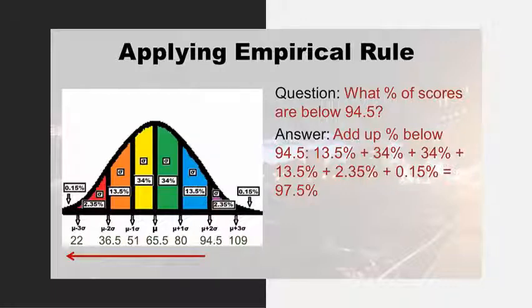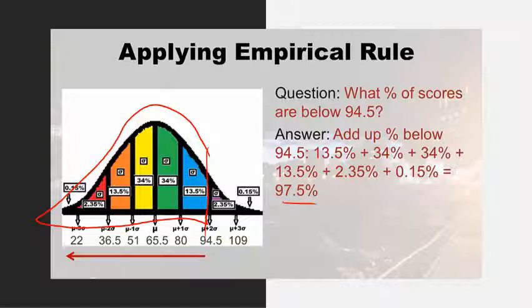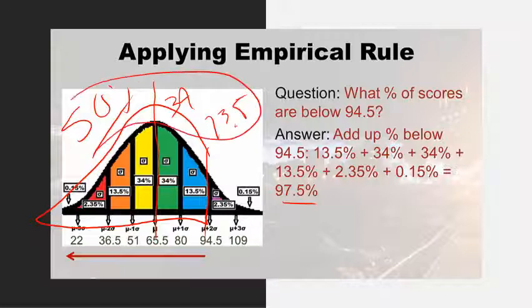What you would do is add up all the percents, and that's how you would figure out the percentage of scores below 94.5. But a shortcut you could use is that you remember this is 50, and that's all included, so you could just say 50 plus 34 plus 13.5, and that shortens your math a little bit, and you would still get 97.5%.